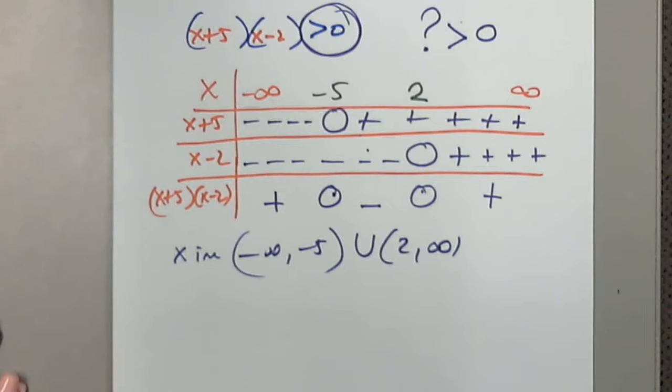Very similar to type 1, but the horizontal asymptote is always 0. And in type 3, vertical asymptotes, but not horizontal, but slant, because the degree of the top is 1 unit larger than the degree of the bottom.